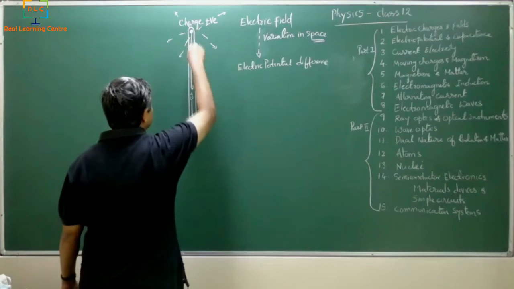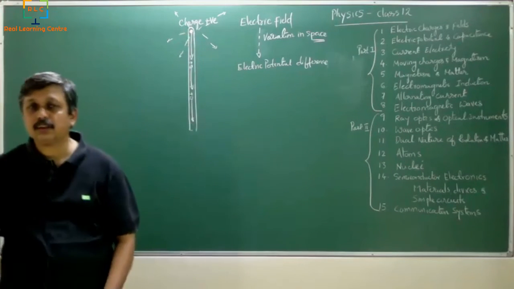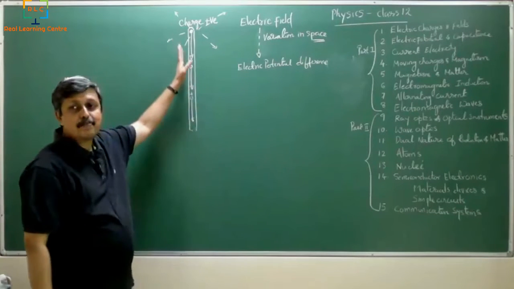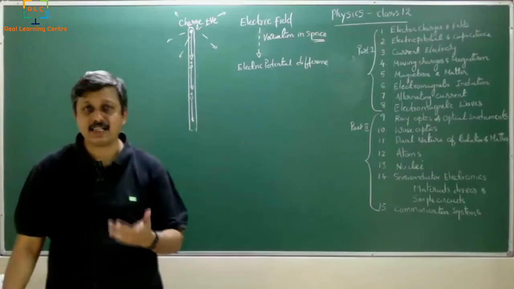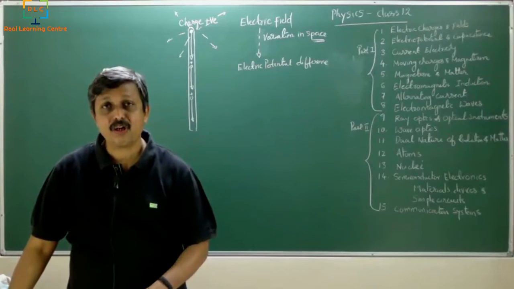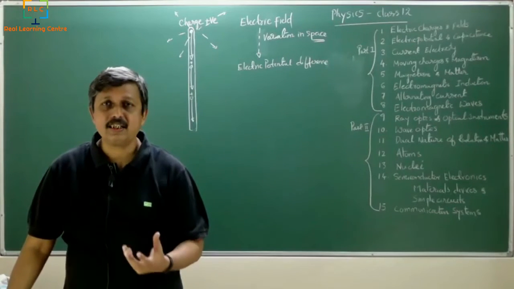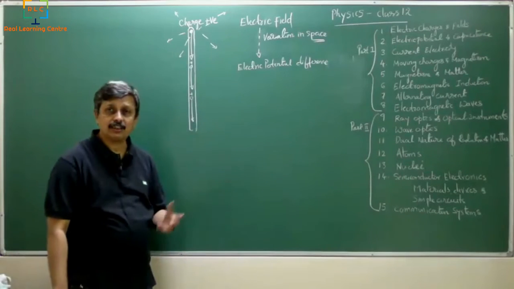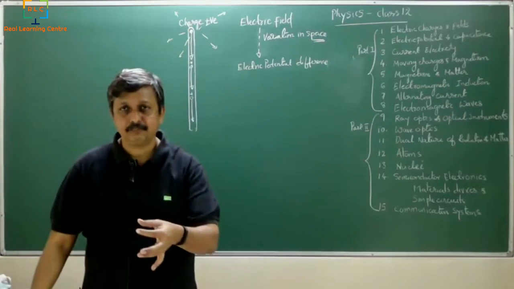In reality, in a conductor, you very rarely see a positive charge moving. In a solid conductor, what moves is a negative charge, which is the electron. So current is basically due to the movement of electrons in any solid conductor.